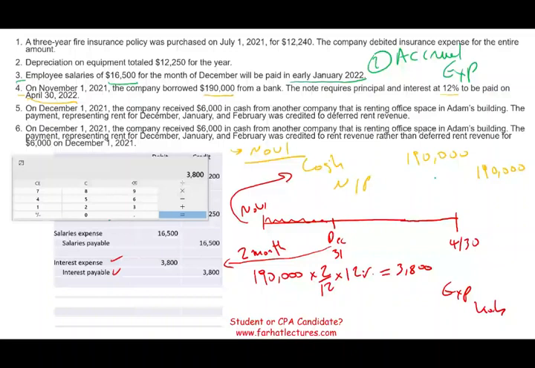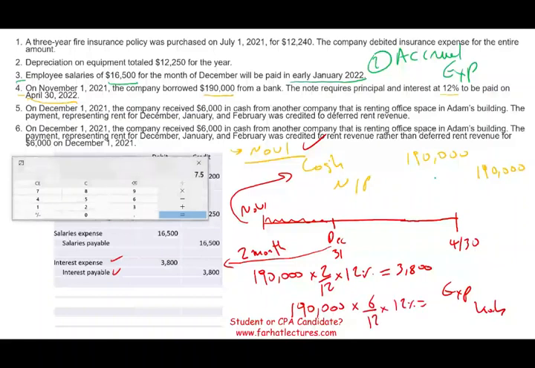So we did November 1st, we took out the loan, we made the adjusting entry. Now we're going to make the payment April 30th. On April 30th, here's what we have to do. We have 6 months. So first we have to compute how much interest we are going to pay. 190,000 times 6/12 times 12% is going to give us the total interest.